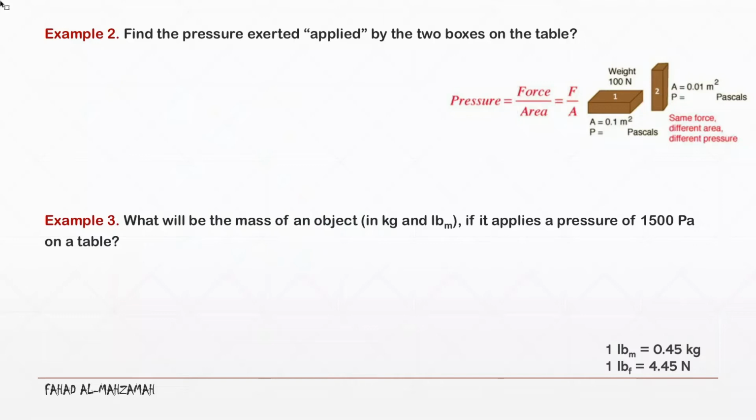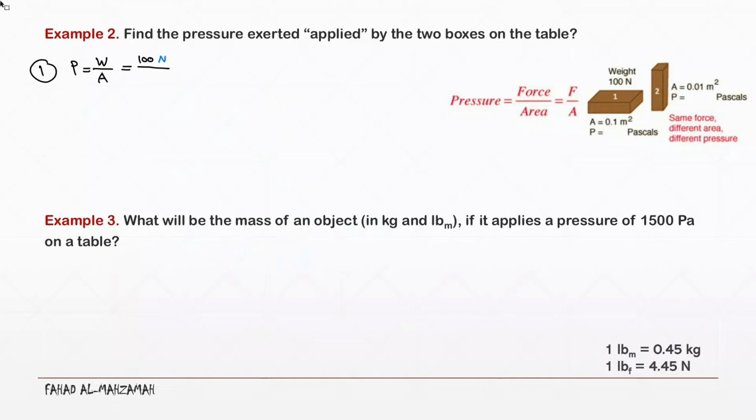Well, let's say box number one, we will solve for number one, and we'll say that the pressure is equal, writing the formula, weight over area. Now we have the weight as 100 Newton. Try to write the units within your solution.